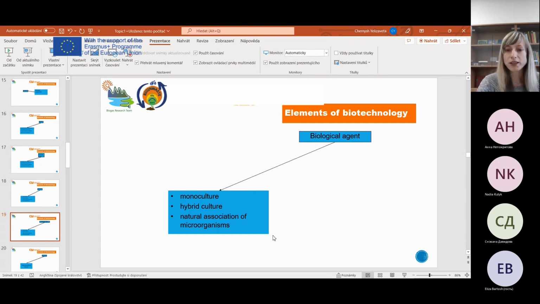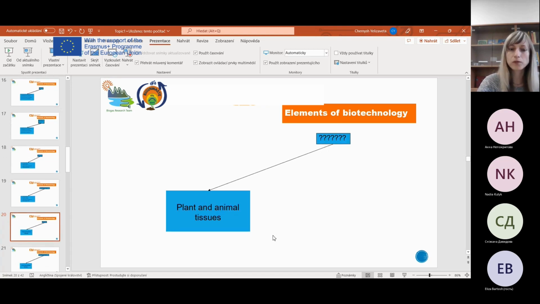Without biological agents, our organisms, biotechnology is impossible. They are the active elements that do very important work. And of course it's important because we get different types of products from these biological agents.